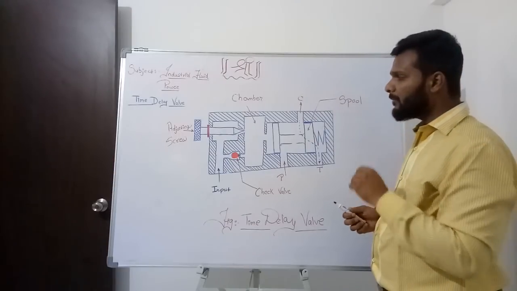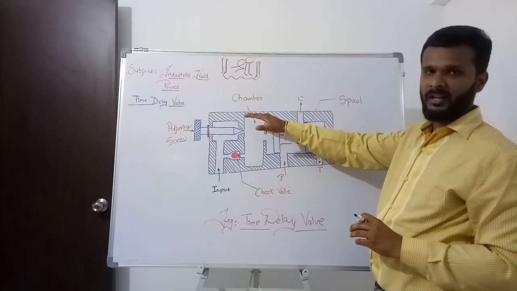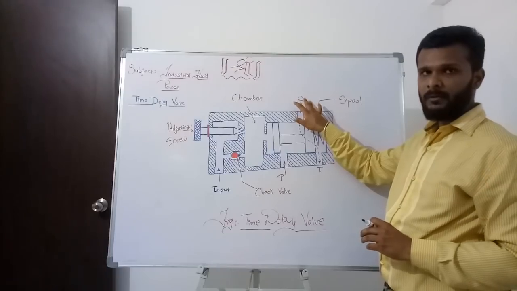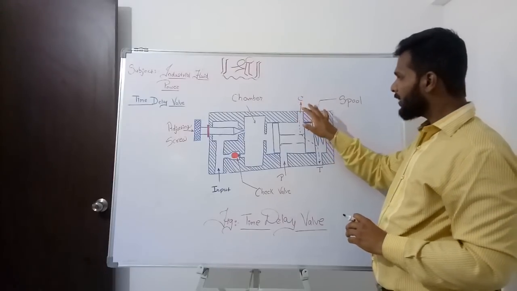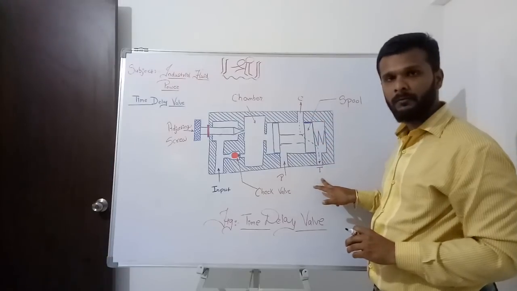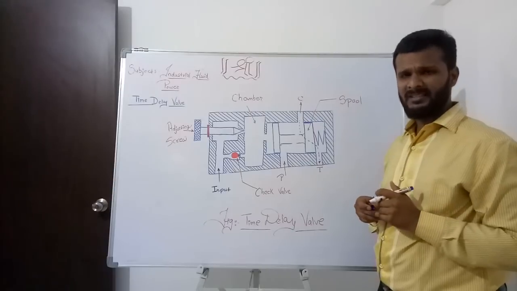In a time delay valve, till this chamber is filled, it takes time to have flow from P to C. It takes some time, but from C to T the flow has less time delay.